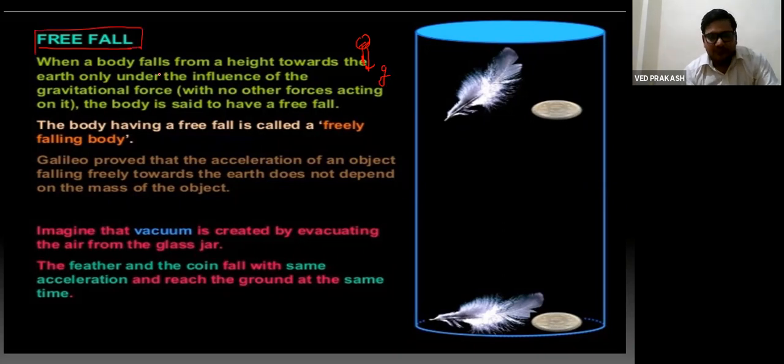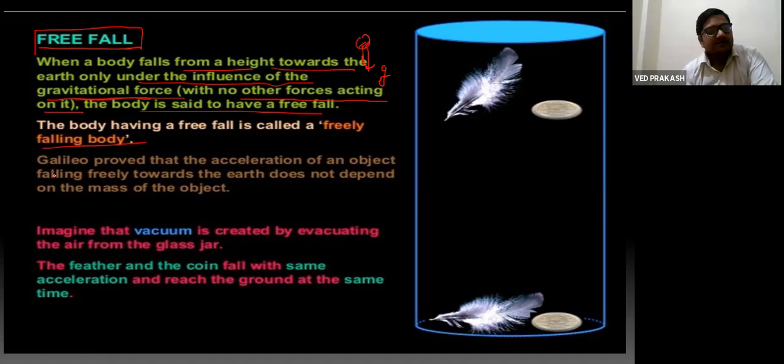So when a body falls from some height towards the Earth only under the influence of gravitational force and no other force is acting, the body is said to have a free fall. The body having a free fall is called a freely falling body.